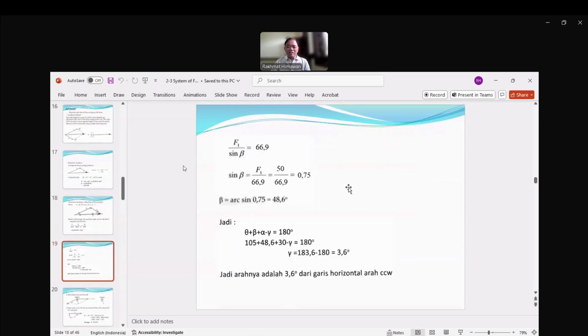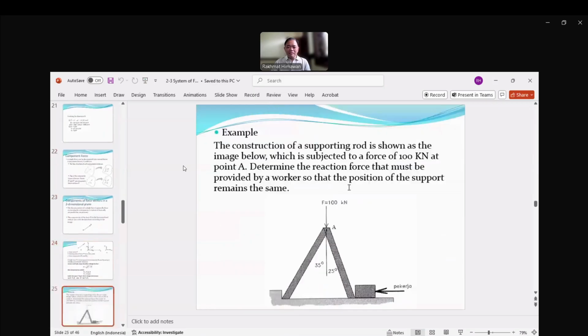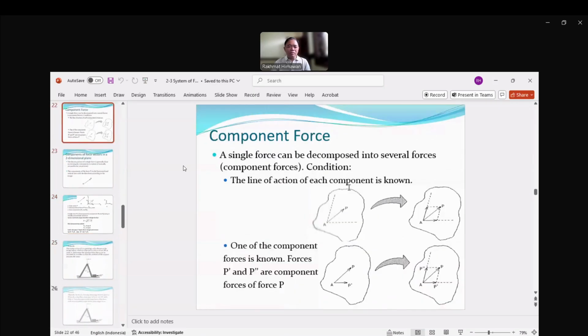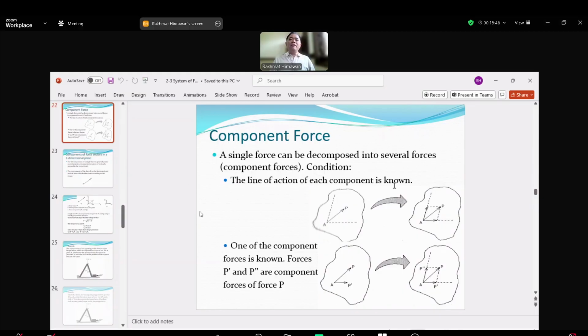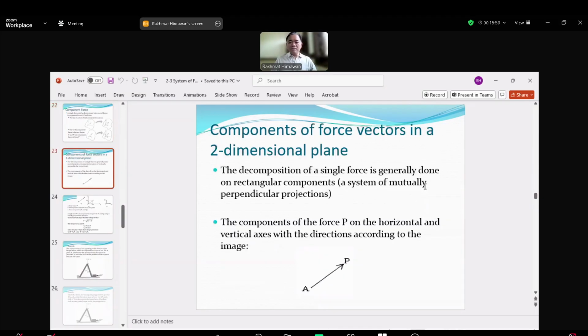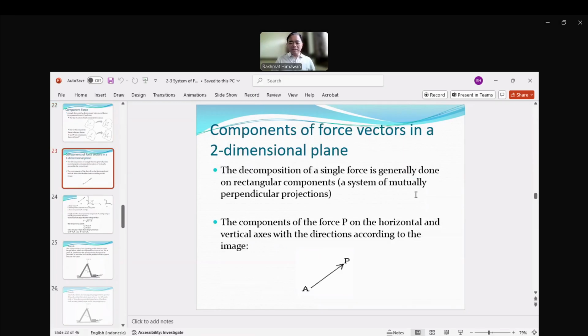Okay, so if it's all good, then I'm going to move on to the component forces that we learned, that we can decompose one P into P accent and P double accent along an X and a Y axis, the components of the force P. This is very helpful for analytical calculation in two-dimensional space.